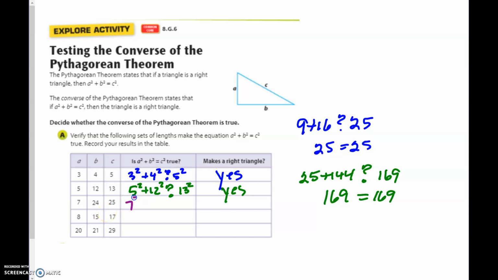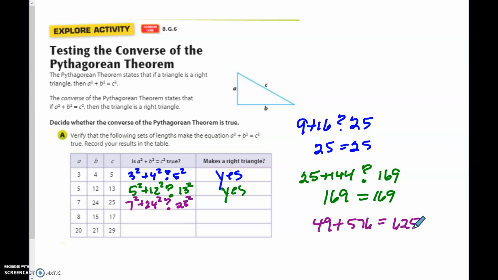All right, let's try the next one. So they want to know 7 squared plus 24 squared, does this equal 25 squared? So we've got 49 plus, and 24 squared is going to be 576. And does that equal 25 squared, which is 625?